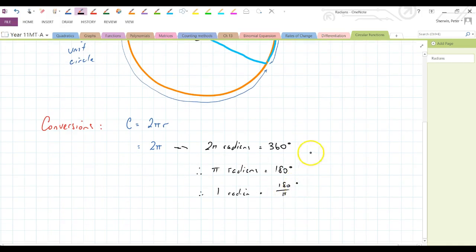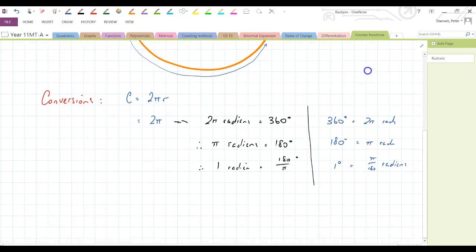If we go the other way, 360 degrees is equal to 2 pi radians, and 180 degrees is equal to pi radians. What's 1 degree? We're dividing by 180, so it'll be pi over 180 radians. So there's our little conversion.